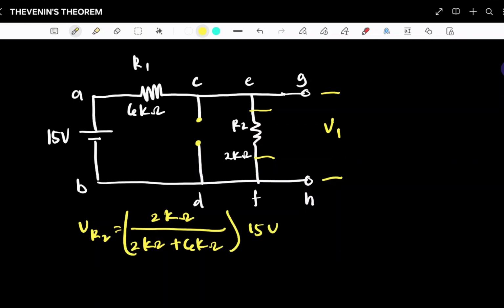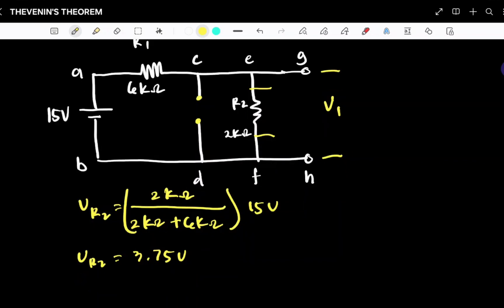This is by using the voltage divider theorem. This will be equal to 3.75 volts VR2. This is also the same as the V1 due to the 15 volt voltage source.